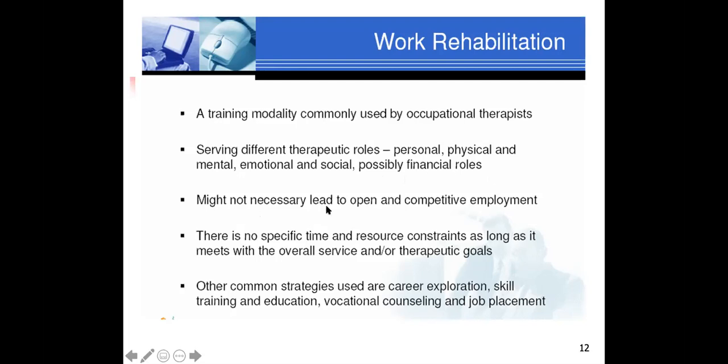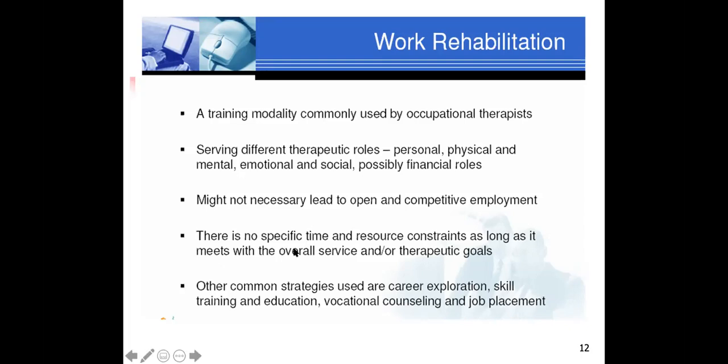It might not necessarily lead to open and competitive employment. In the hospital, if you train at the OT department, your objective does not necessarily lead to open and competitive employment, because your task is to do rehab for them, not necessarily for them to return to competitive employment.